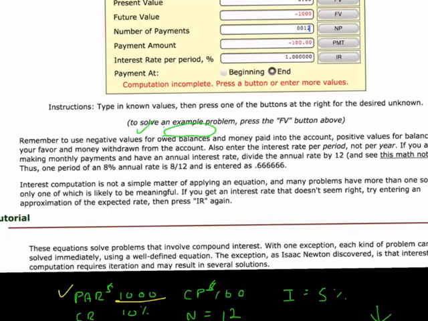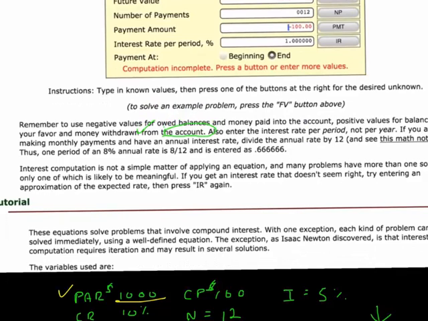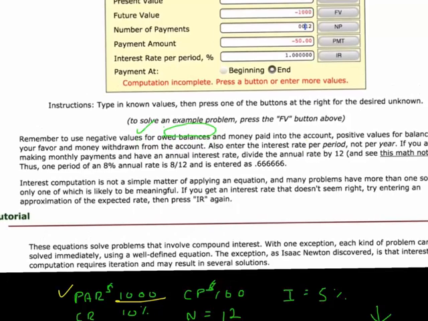Sorry, it's a little difficult to do on an iPad while using my recording software, so bear with me. Payment amount, we already know that. I'll leave the little negative in there, and make sure I erase those zeros.